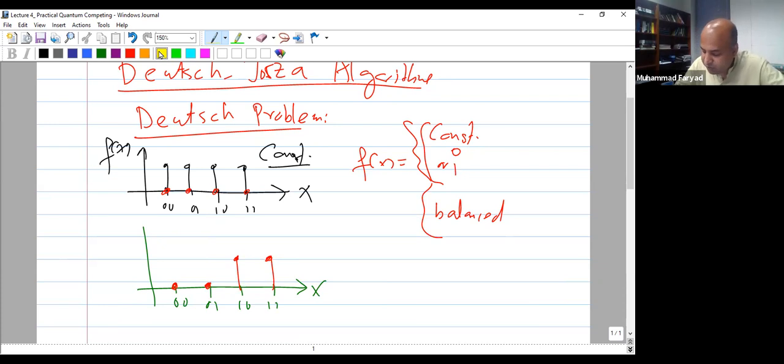Another balanced function could give 1 for this, 0 for this, 1 for this, and 0 for this. Another could give 1 for this, 0 for this, 0 for this, and 1. The order doesn't matter. It could be the first half or the last half, or any mixture. The only requirement is that for half of the inputs the output is 0, and for the other half the output is 1. So this is a balanced function.